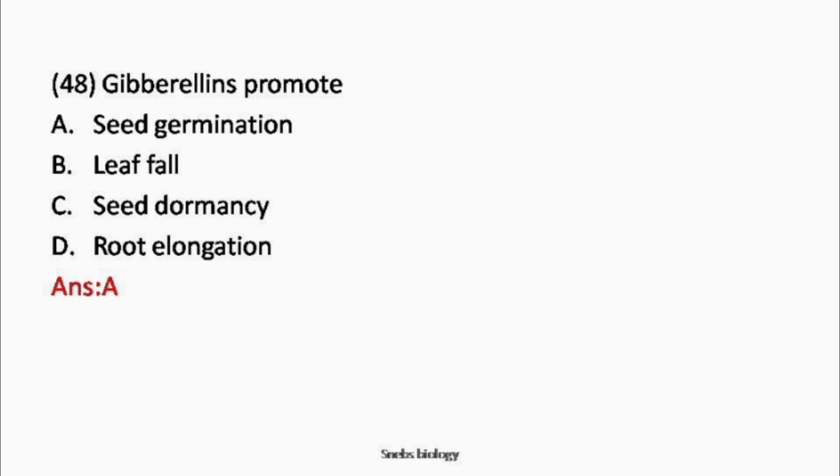It is a plant growth regulator. It promotes stem elongation, seed germination, leaf and fruit senescence, etc. It breaks the seed dormancy that requires cold or light to germinate. Thus the correct answer is option A, seed germination.